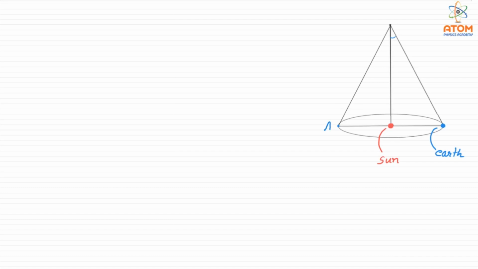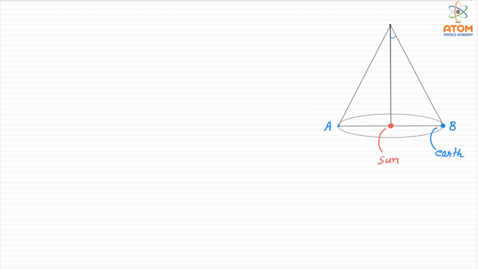Now, here is the baseline AB. It is said that the baseline AB is the line joining Earth's two locations 6 months apart in the orbit around the Sun. Obviously, if this is baseline AB, then this is the distance covered by Earth in 6 months. And so, it's very obvious that this AB will become the diameter of the orbit.